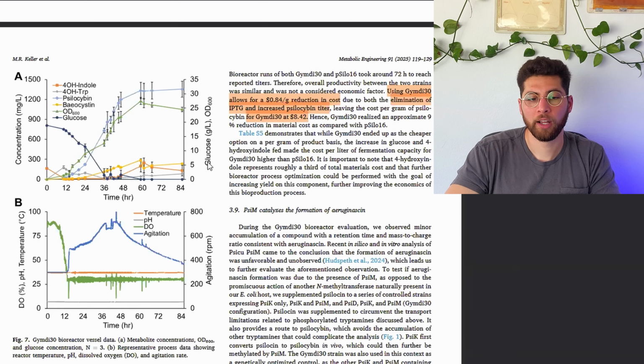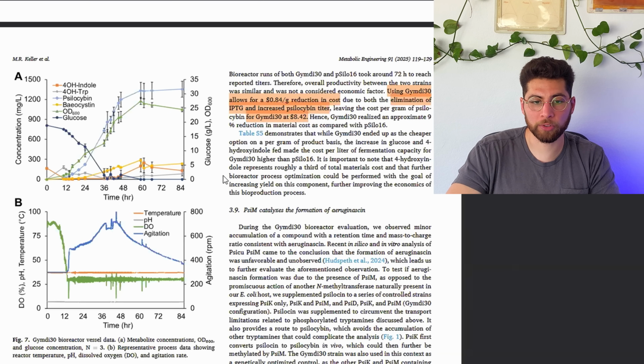You can see it starts out at 150 milligrams per liter, like I said in the beginning of this review. It drops down. They probably collected their HPLC data and realized it was down, and so they started adding more. And you can see that this goes up because they're adding it to the media.